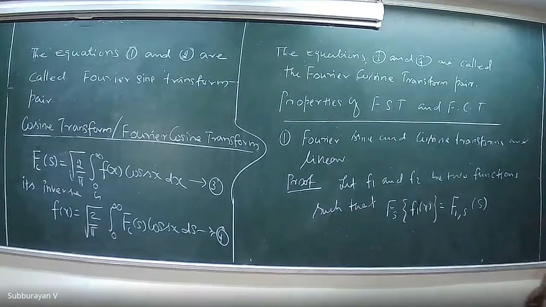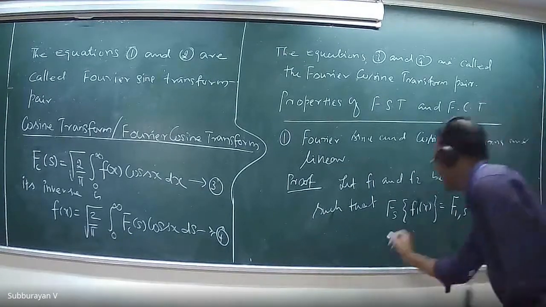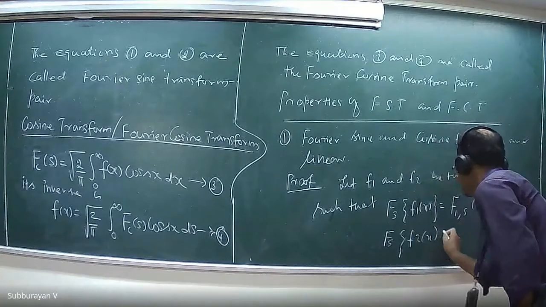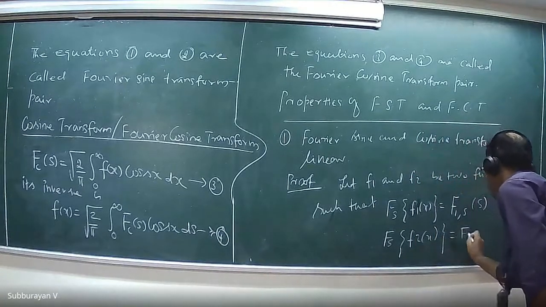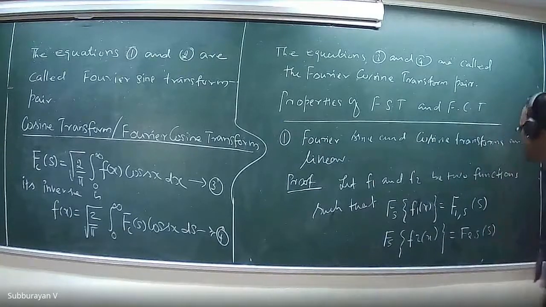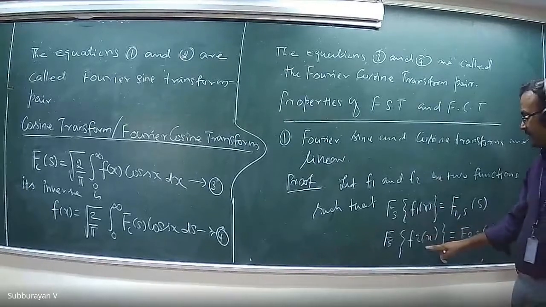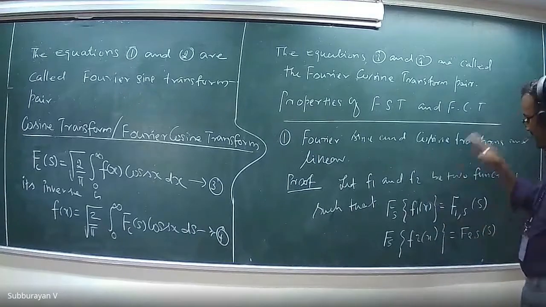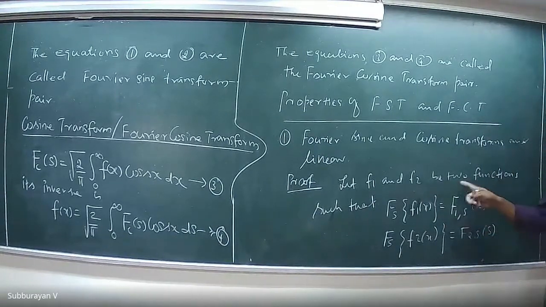This is some notation, f1 comma s represents the transform for f1, and the Fourier sine transform of f2 of x is equal to f2 comma s of s. Okay, then what should I prove? If I take the linear combination of f1 of x and f2 of x and apply the Fourier transform to this linear combination, then I'll get the linear combination of their Fourier sine transforms.